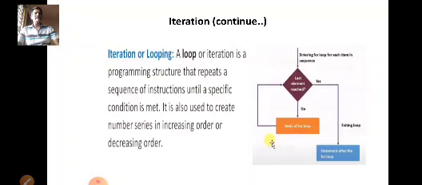Last element reached means, suppose the range is 1 to 10, when the control reaches the value 10, at that time it comes to exiting the loop. Otherwise it processes either a single statement or a block of statements again and again until the condition is satisfied. Normally we say that it is a loop or iteration, right?